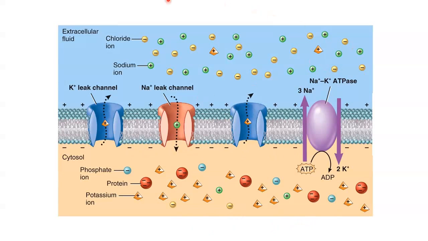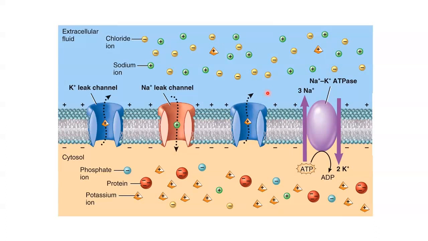If we added up all of the charges of the ions on the outside of the cell, there would be a net positive charge, and again you can see that represented by these positive signs here. So this is the resting membrane potential, or the difference in the net electric charge from the inside to the outside of the cell. We measure this difference as voltage using the units millivolts.